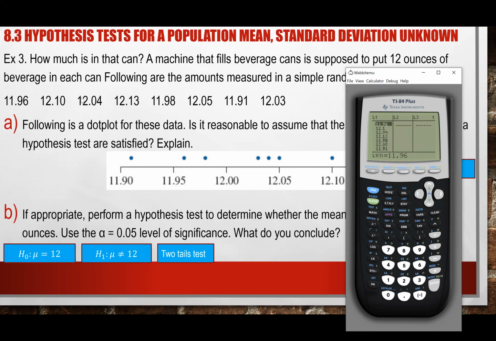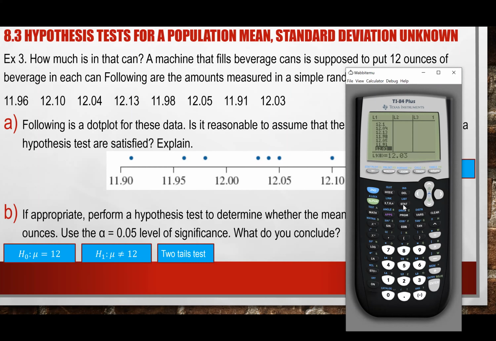All I did was put whatever my data is, 11.96, 12.1, and so on and so forth, in my L1 column. Because if you look at this, they give us the population mean, the specific value, but they don't give us a sample mean, and they don't give us a sample standard deviation. All they give us is the raw data.